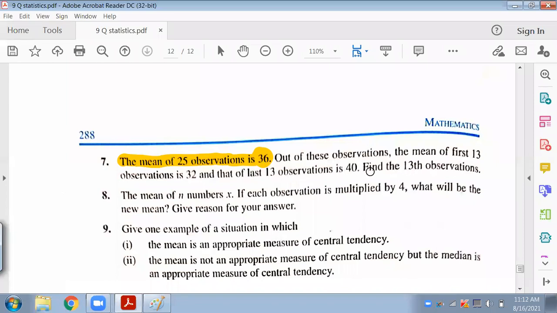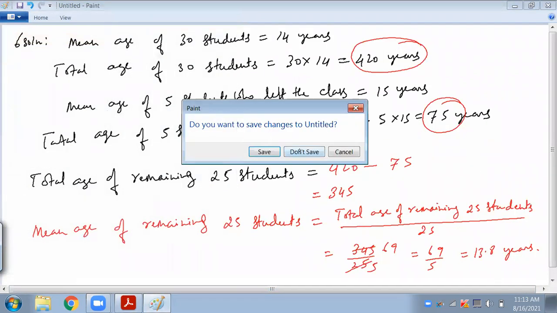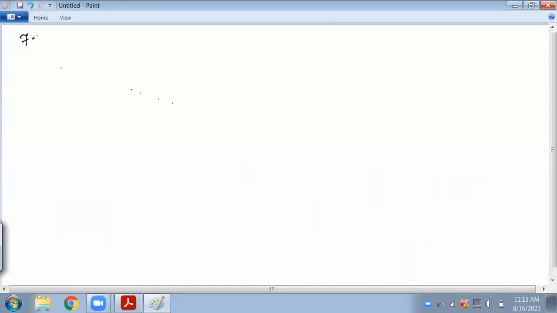You are asked to find the 13th observation. There are 25 observations, but what will be the 13th one? It is a little bit the same as question number 6. Solution for 7.